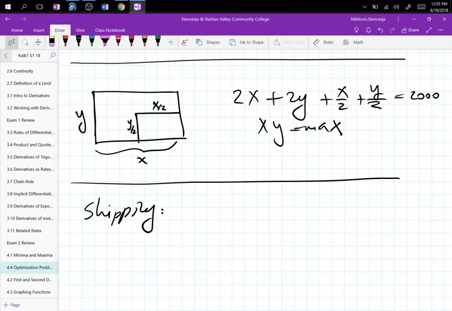So for shipping, what do we have? What I'm interested in, guys, is to make a box that is going to have the smallest surface area possible for the required volume. See, volume is the space inside the box. So let's say I'm shipping ping pong balls, or tennis balls or whatever, it doesn't matter.